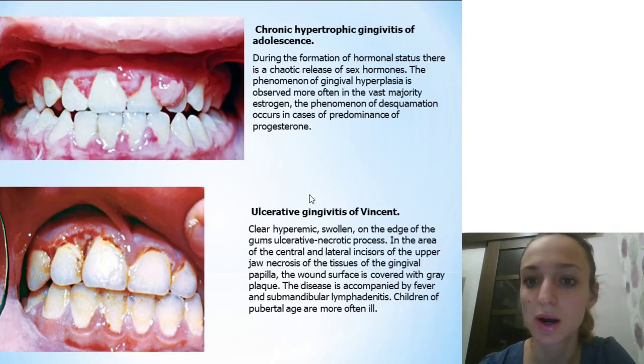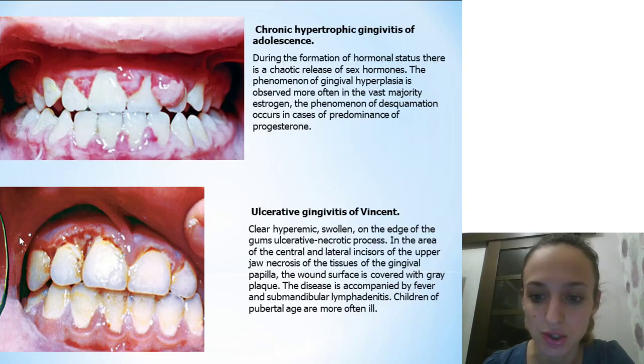Next one is chronic hypertrophic gingivitis of adolescence, and here, during the formation of hormonal status, you can see the phenomenon of gingival hyperplasia, with estrogen involvement in the patient.